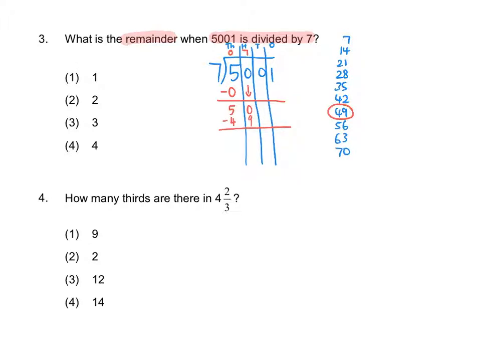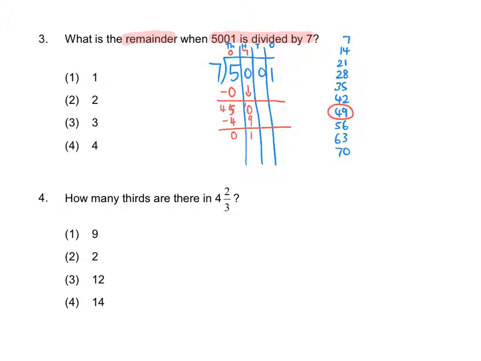So let's start to subtract from the smallest place value. Can we take 0 minus 9? No. So we need to regroup. So 5 becomes a 4. Regroup to the 10, 10 minus 9 gives 1. 4 minus 4 gives 0.